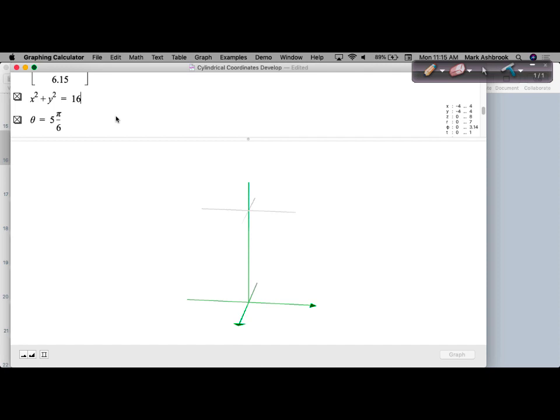Is it a ray or is it something else? It's like a vertical plane. It starts at the z-axis, it goes infinitely in the 5 pi over 6 direction, but it doesn't come back through. We call it a half plane. It starts at the z-axis and only goes in the direction of 5 pi over 6.